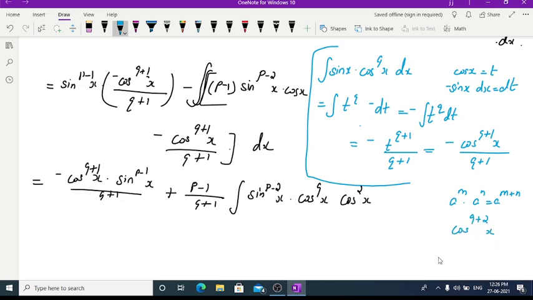Now if we take cos^q x, then the remaining is cos^2 x. So this one is cos^q x into cos^2 x dx.